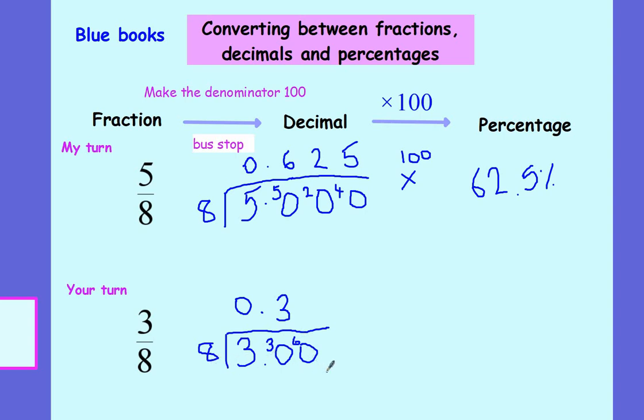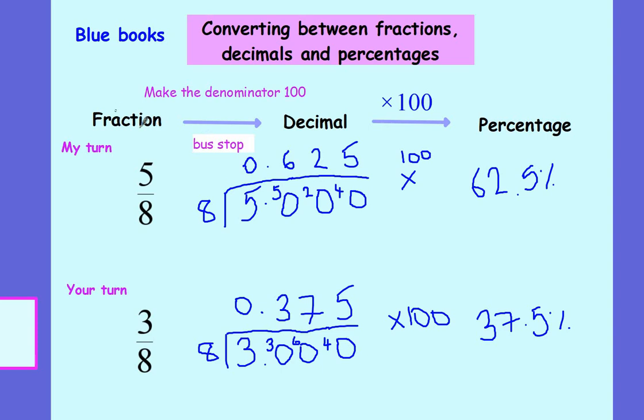How many 8s are there in 60 for me, Lily May? 7 8s are 56, lovely. So I've got 4 left over. And how many 8s are there in 40, please, Mia? 5, lovely. To convert this into a percentage, I multiply by 100 to give me 37.5%.